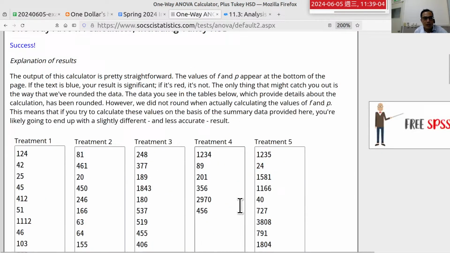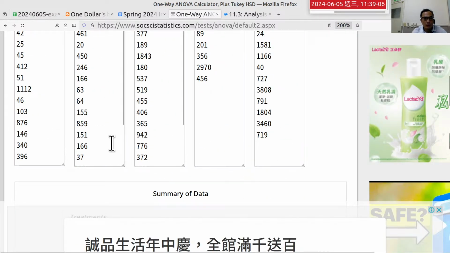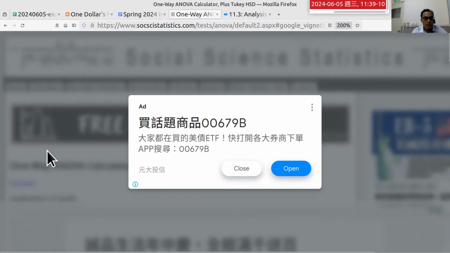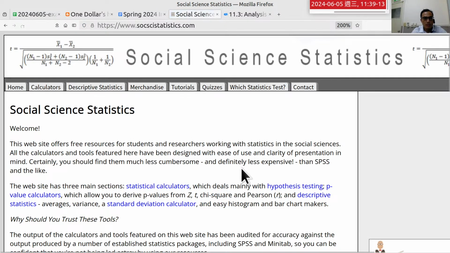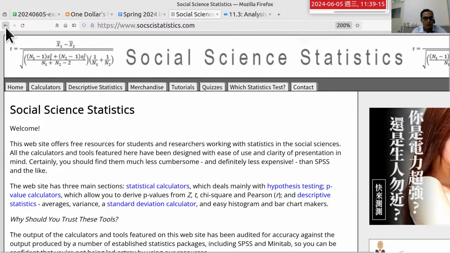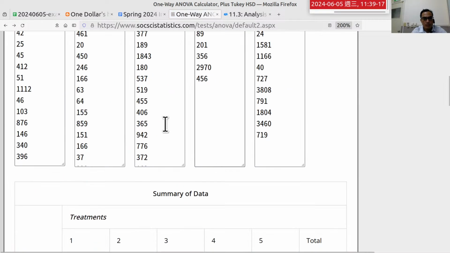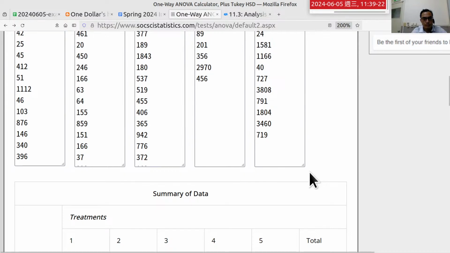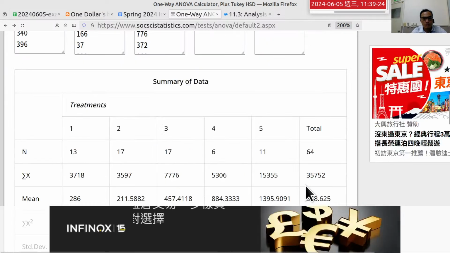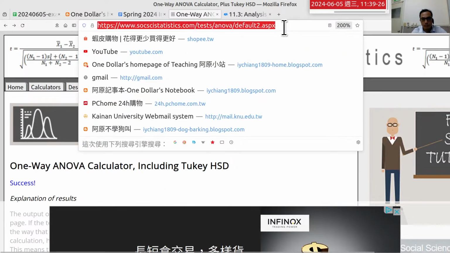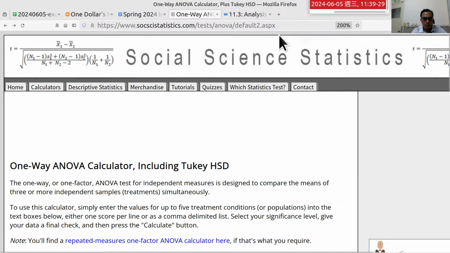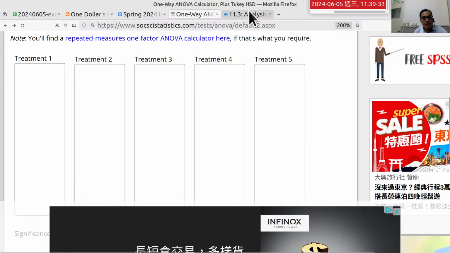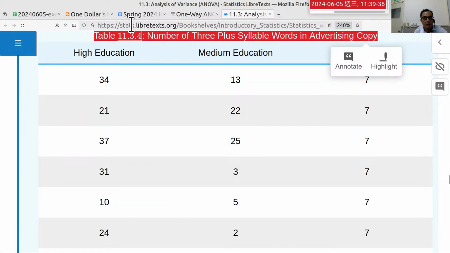Okay, then there are 3 treatments. I just need 3, 3 is enough.